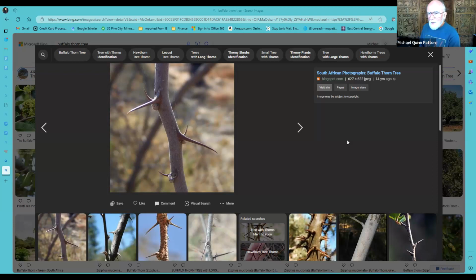But it captures in that single vision, I don't know how well you can see this, the notion of having both kinds of thorns together in one growth, a sort of natural yin yang representation.